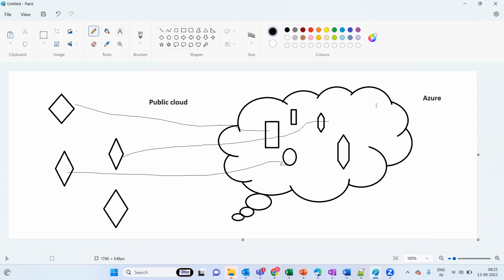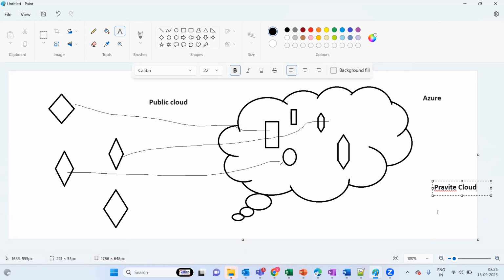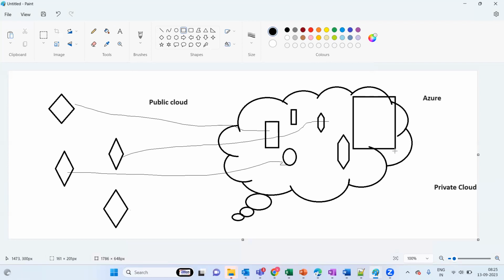When you go for the private cloud, there is some dedicated space for you, and whatever you want to take, you can take. That is also cloud. You can take services like storage and network within your boundary scope, at your organization level.